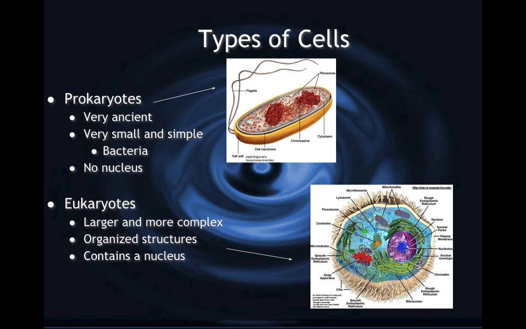No membrane-bound nucleus. Their genetic material is kind of spread out through the cytoplasm. And then we looked at the eukaryotes, and they're much larger and more complex than the prokaryotes, and have much more organized structures inside, and they contain a membrane-bound nucleus.